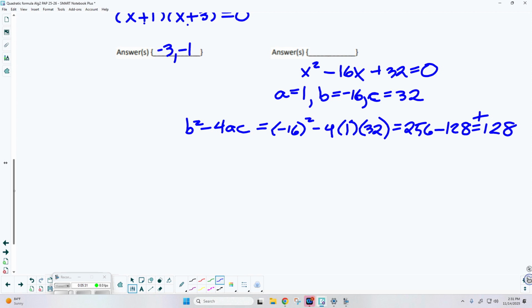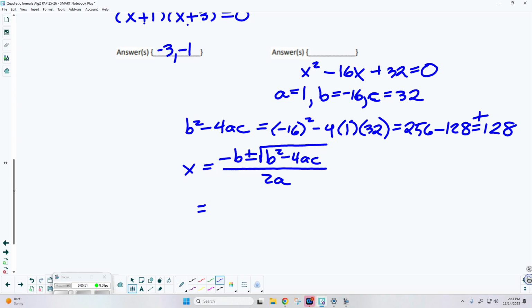Now, because that turned out to be a positive number, that tells me there's two real solutions. So let's come back to the formula. x equals the opposite of b plus or minus the square root of b squared minus 4ac, and this is all divided by 2a. So let's plug in.